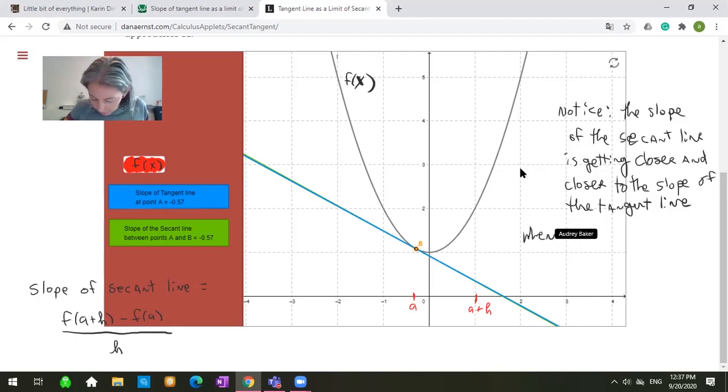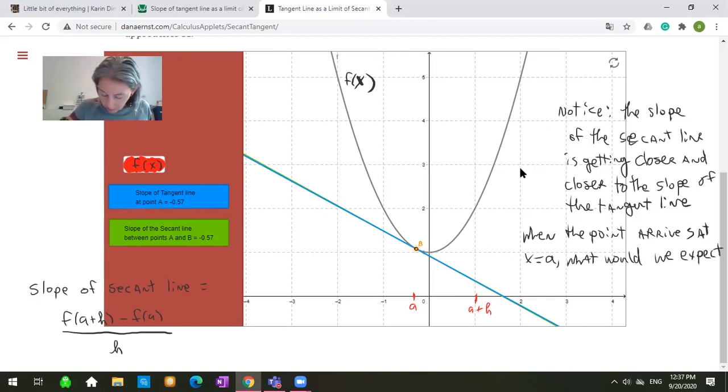So when the point arrives at x equals A, what would we expect the slope of the line to become?